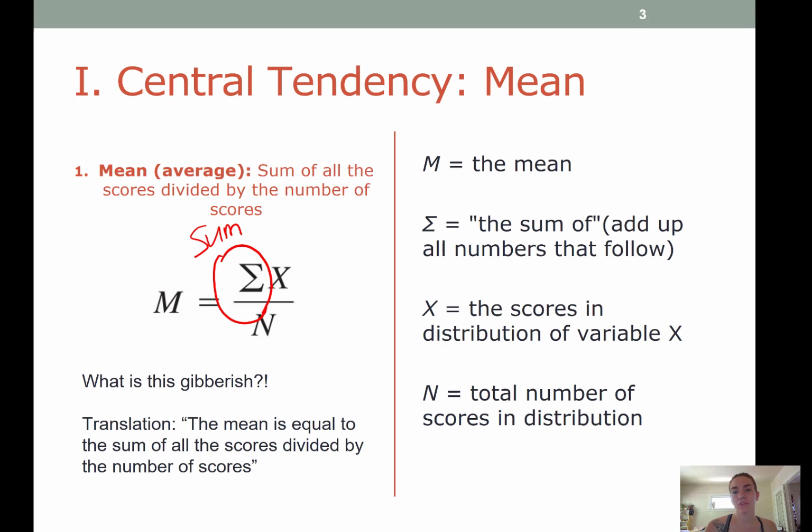Here on the right side of the slides, you see all of those definitions. So M for the mean, the big sigma means the sum of, and X refers to the scores in the distribution of variable X, and capital letter N is used for the total number of scores in a distribution or the total number of people in your sample.